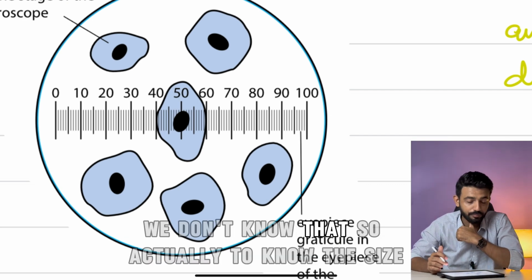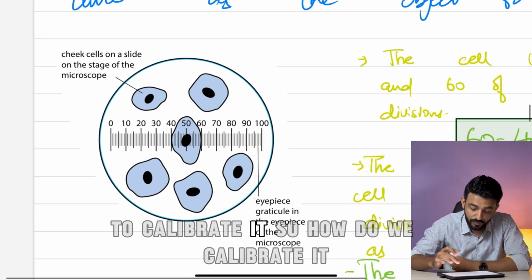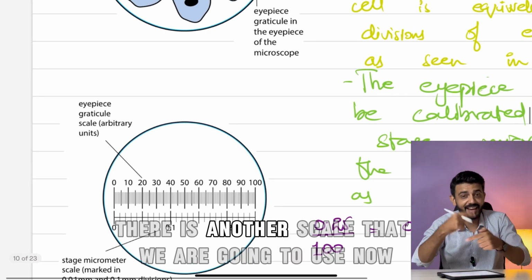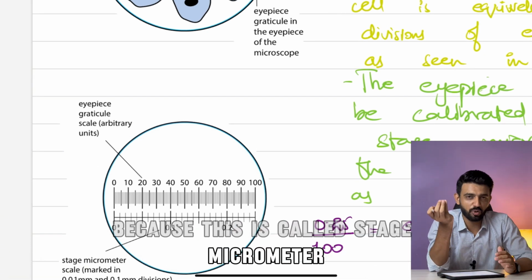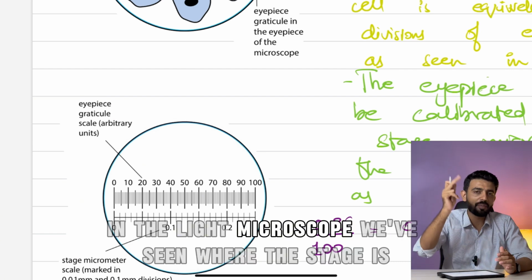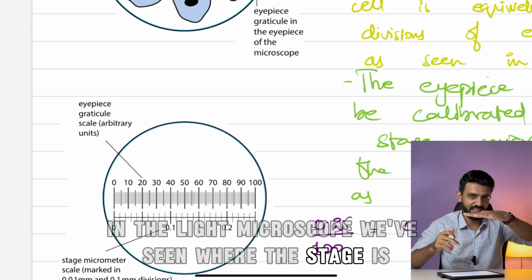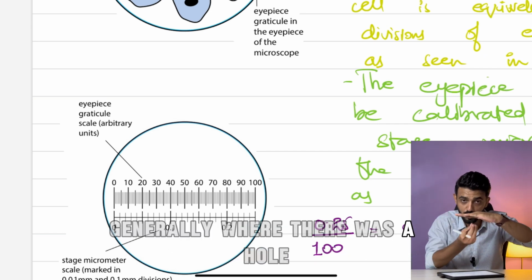We don't know that. So actually, to know the size, the next thing that we are going to do is to calibrate it. So how do we calibrate it? There is another scale that we are going to use. Now, because this is called stage micrometer, obviously it is placed on the stage. In the light microscope, we have seen where the stage is. The stage is the area where we place the slide generally, where there was a hole.